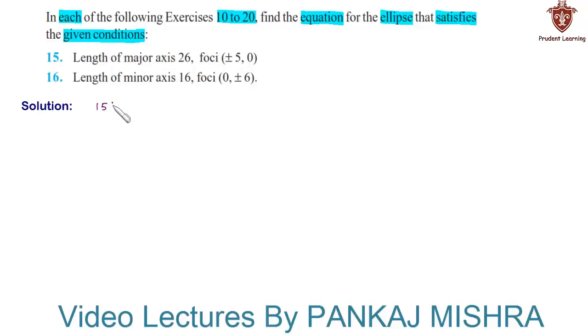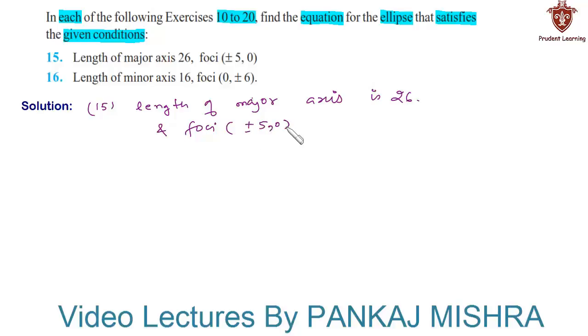In question 15 we are given that length of major axis is 26 and foci are at plus minus 5, 0.